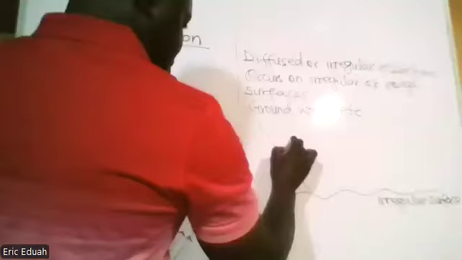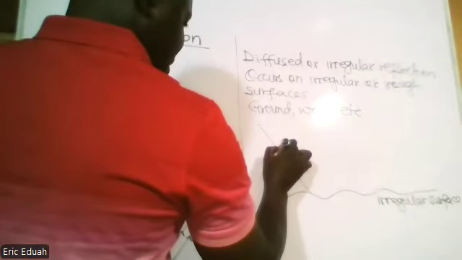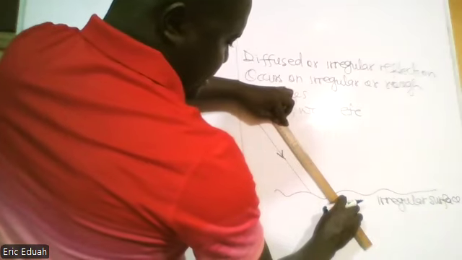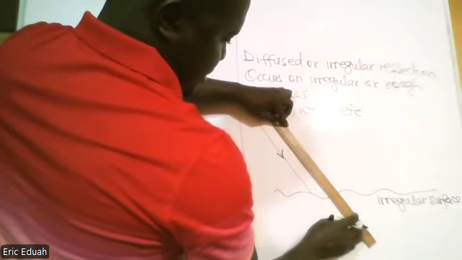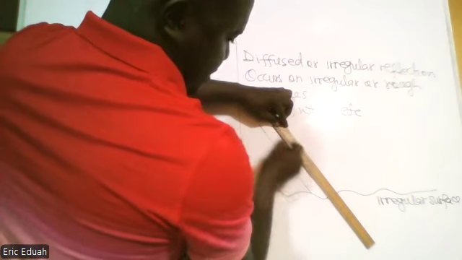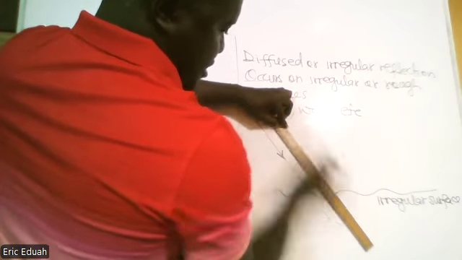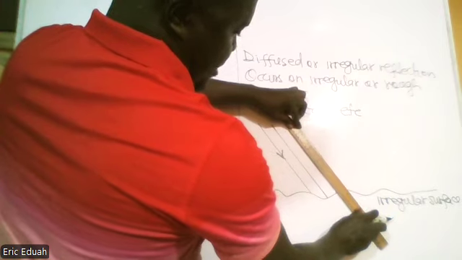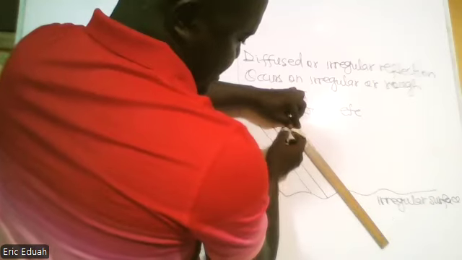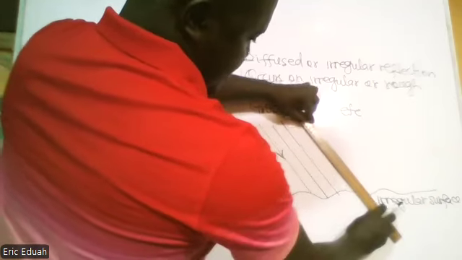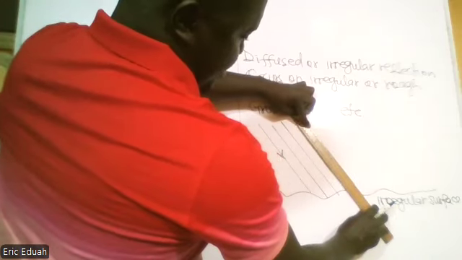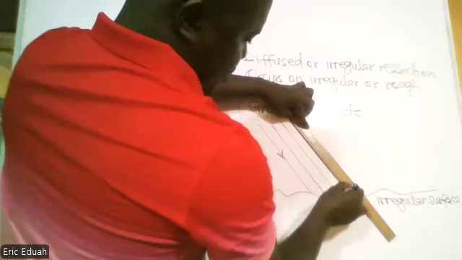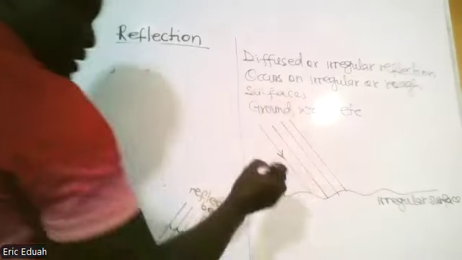So a single ray of light, another ray, another ray, coming or incident on the surface in that orderly, regular manner.